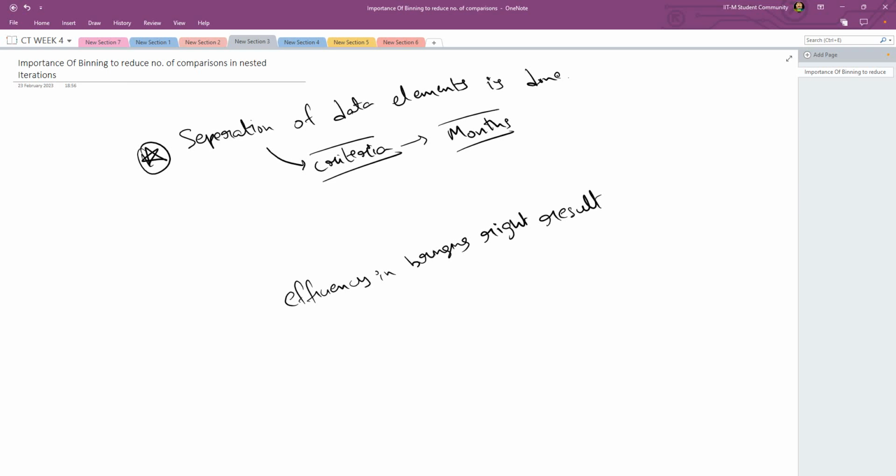So efficiency in bringing the right result can be achieved by using binning, and binning can also improve the efficiency of algorithms that completely rely on nested iteration. Yes, completely rely on nested iteration.